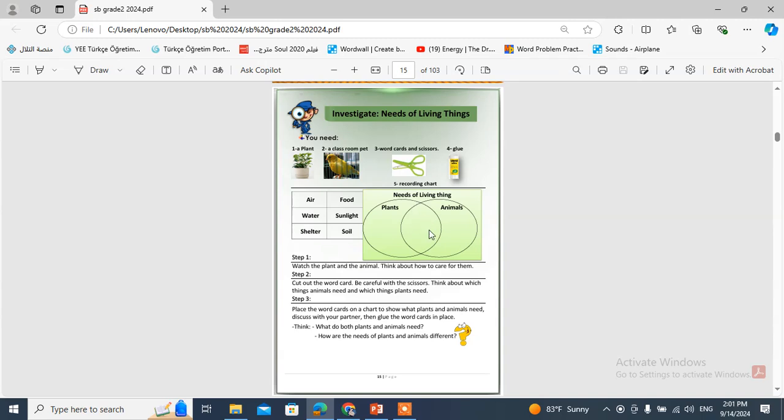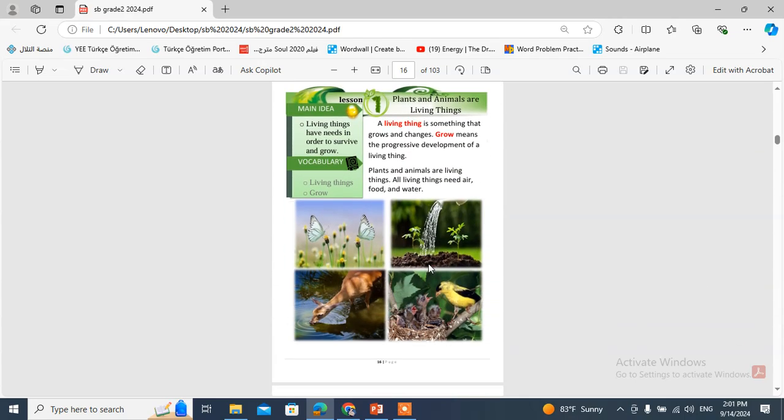So I'm going to write air, food, water in the common area. Okay? Now, plants also need sunlight and soil. So I'm going to write sunlight, soil here. Animals, on the other hand, need shelter beside air, food, and water. Okay?